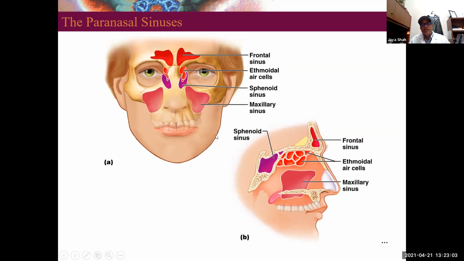Okay. This is the mid-sagittal section, and parasagittal sections to show the sinuses. Sinuses are air-filled cavities in the bones, and these sinuses basically reduce the perceptive weight of your head and make your head lighter.